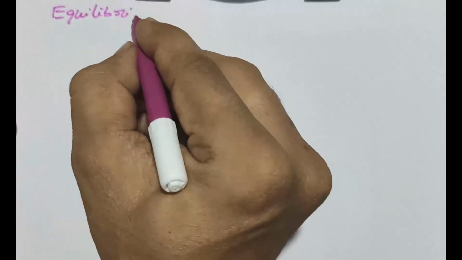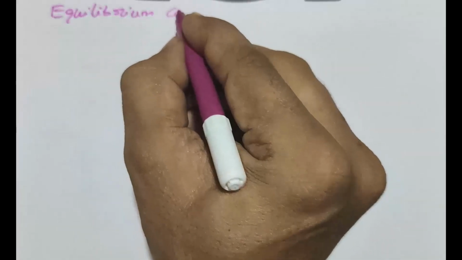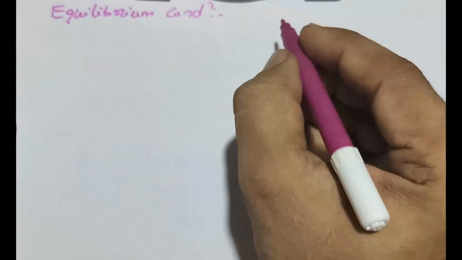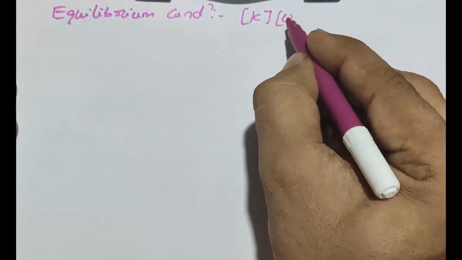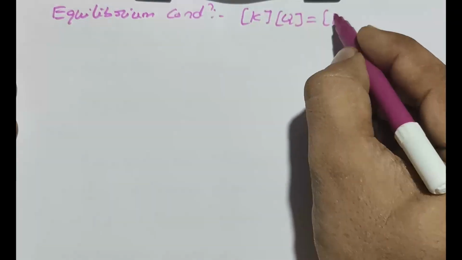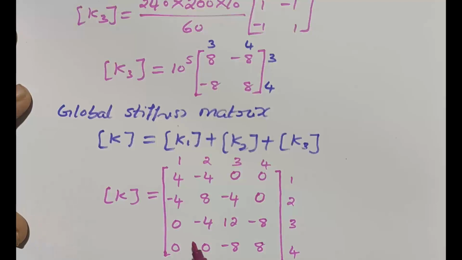Equilibrium condition, that is K into Q is equal to F. Here in the global stiffness matrix we have not taken this 10 power 5 outside; we have 10 power 5 outside.